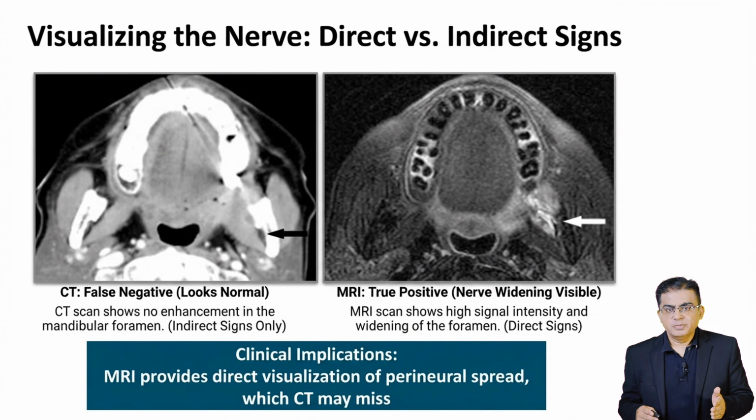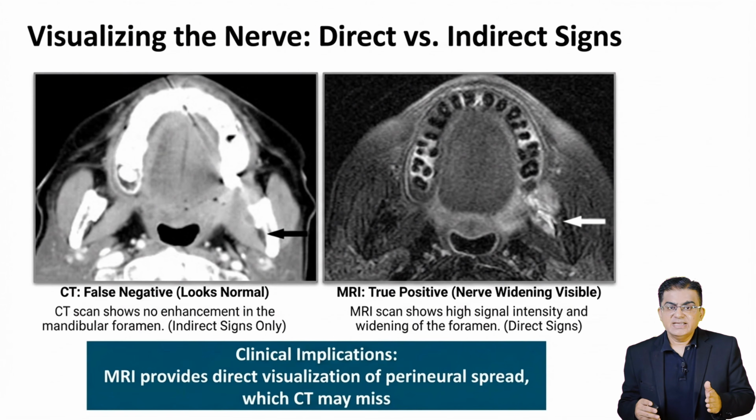Imagine this patient is sitting in an OPD, complaining of numbness over his cheek or chin. Now look at his CT scan on the left. It shows absolutely no enlargement of mandibular foramen. It looks completely normal. Why? Because the CT relies entirely on indirect sign and the bone has not expanded yet.